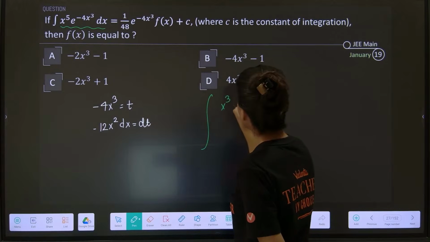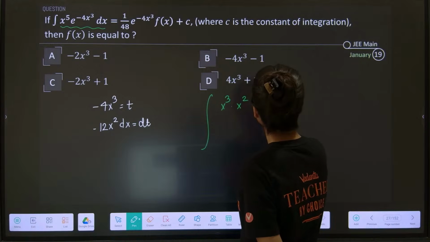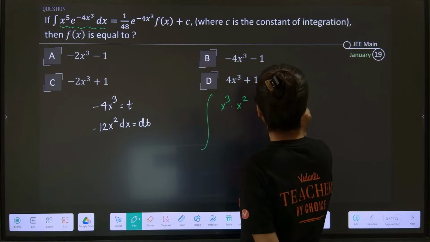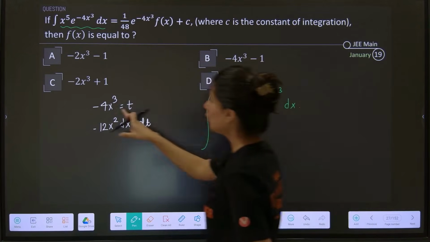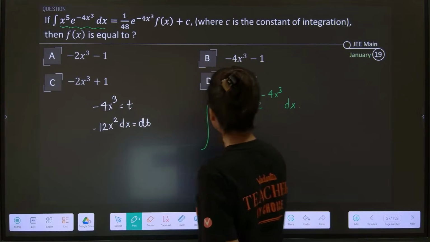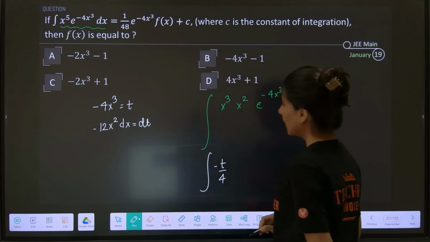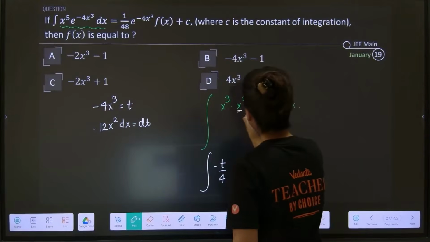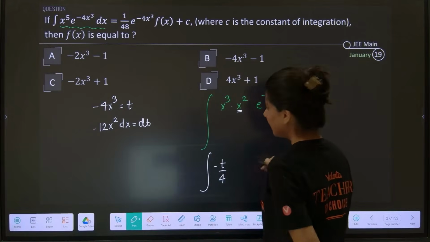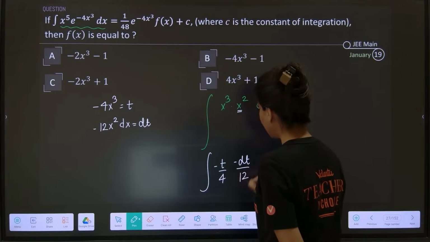X cube, x square and e power minus 4x cube dx. So here x cube will be what? Minus t upon 4. And x square and dx together will become minus dt upon 12.